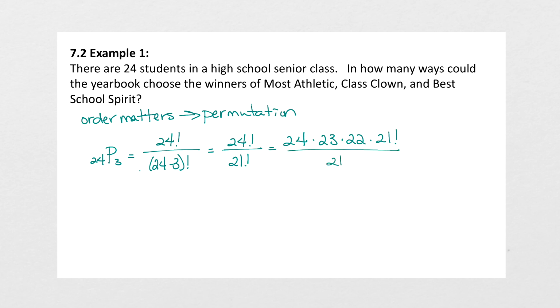The reason I'm doing it that way is so that we can just cancel out what's on the bottom with what's left on the top. And so all we have is 24 times 23 times 22 because the rest canceled. So there's 12,144 possible ways that these 3 winners could be chosen.